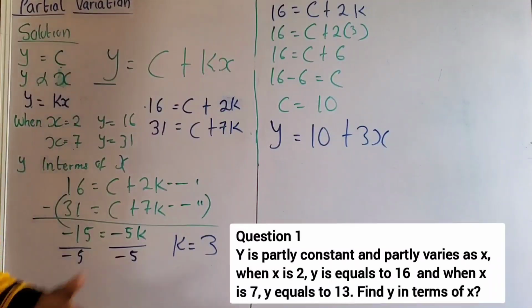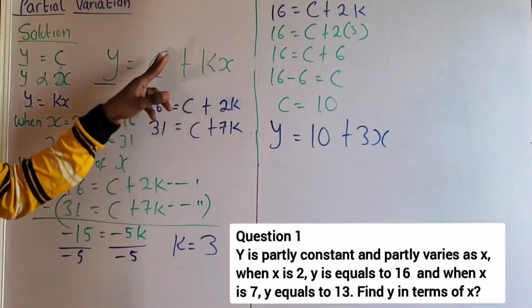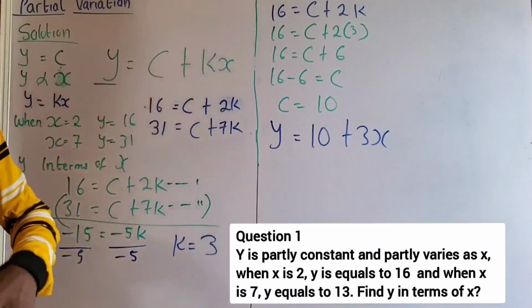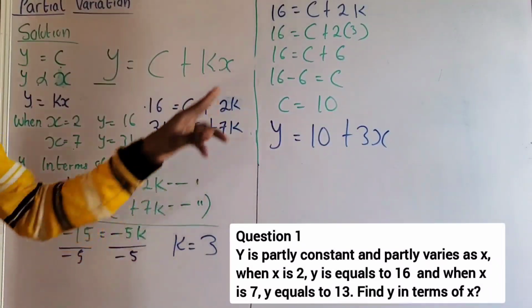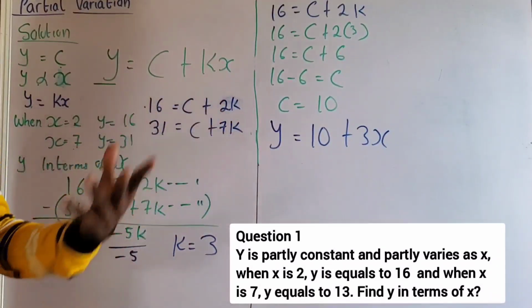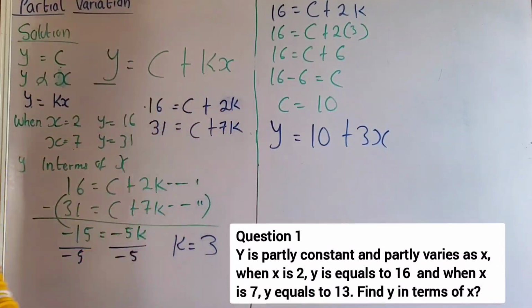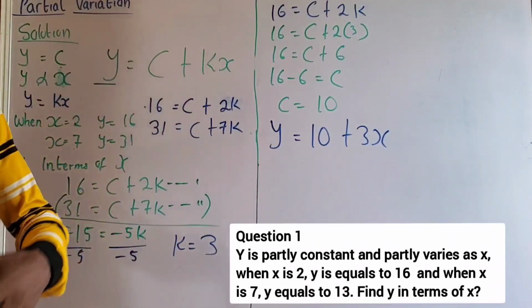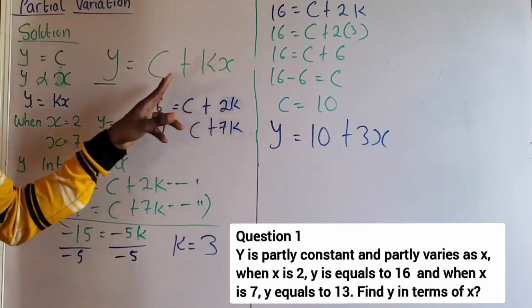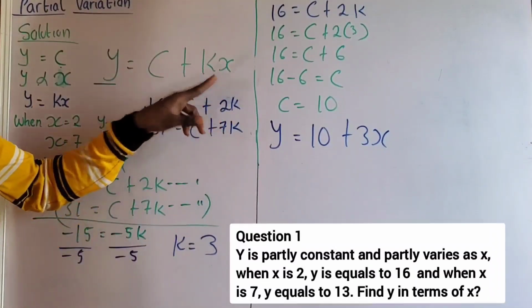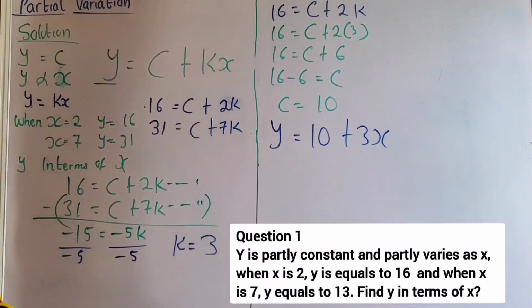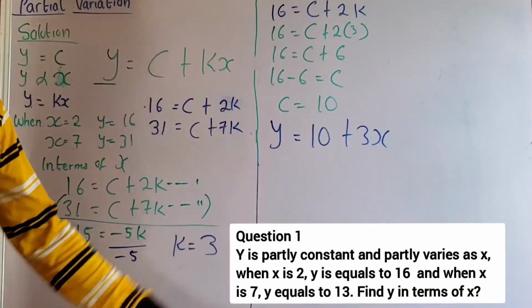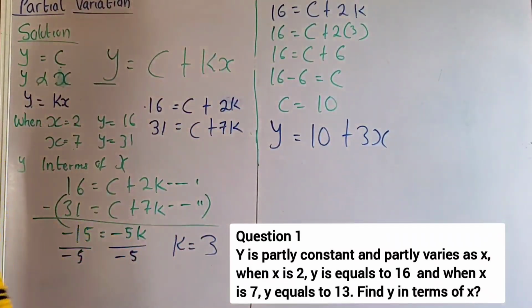The single expression for that variable will be y equals the constant plus the part that varies. Are you getting it? We are going to be given some values, insert them, then solve simultaneously to get the value of the constant and the proportionality constant that you introduce. Having done that, you can do anything that they ask you to do.